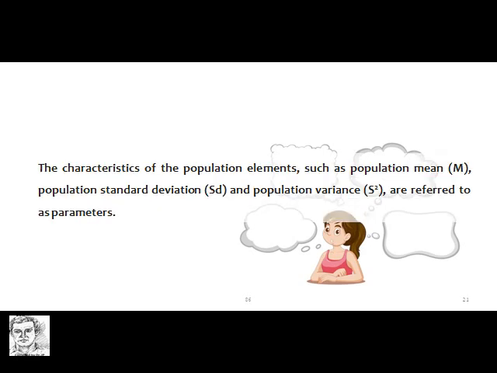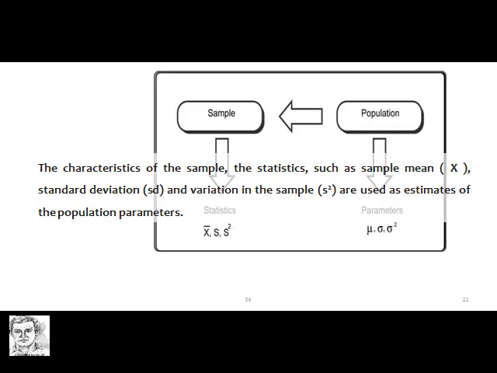The characteristics of the population elements, such as population mean, μ, population standard deviation, σ, and population variance, σ², are referred to as parameters. The characteristics of the sample, the statistics, such as sample mean, X̄, standard deviation, SD, and variance in the sample, S², are used as estimates of the population parameters.